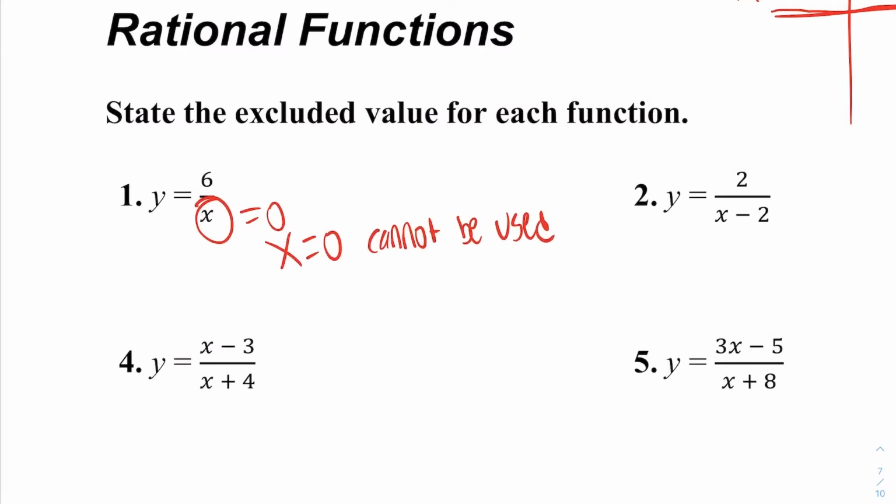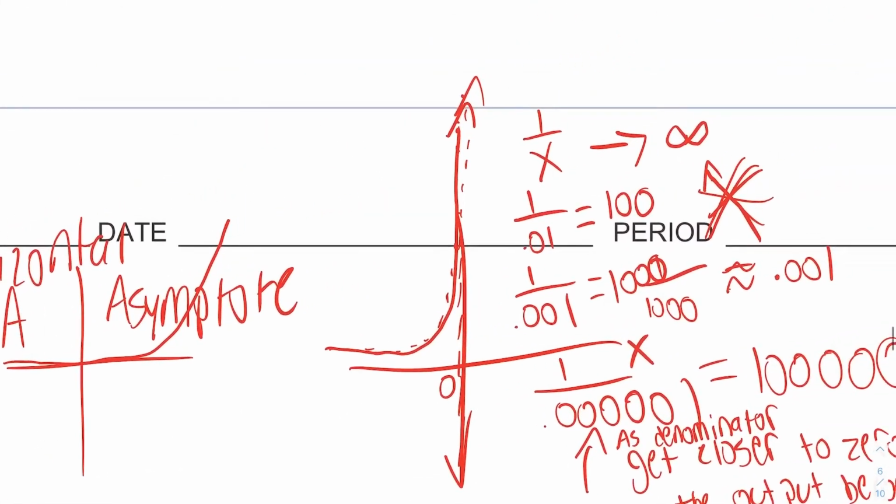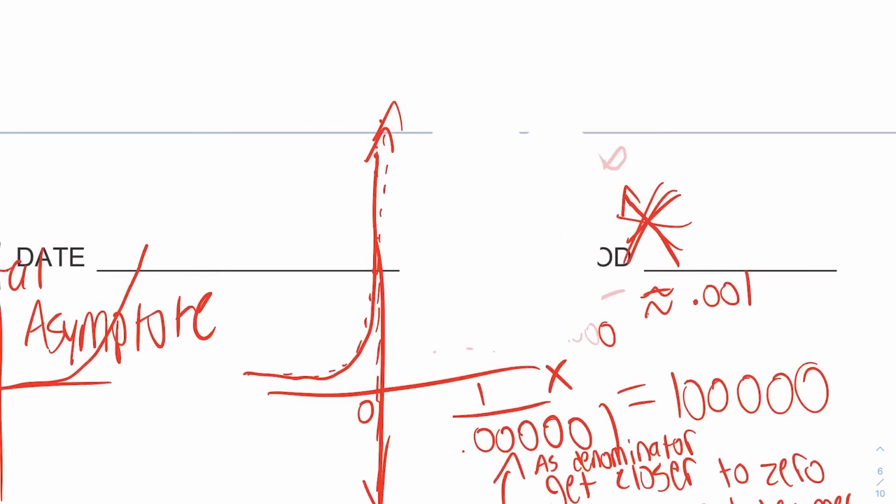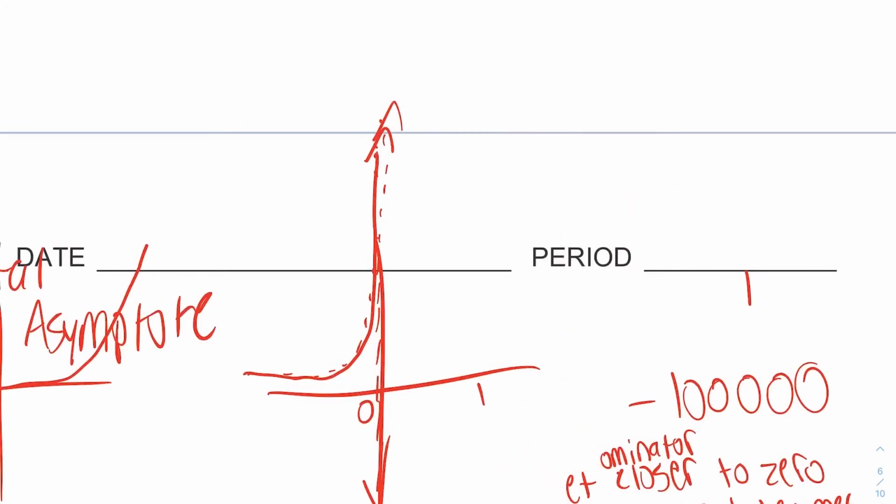The reason why x equals 0 can't be used is because if you look at this graph that I made earlier, as we get closer to 0, we're going to get close and close and close to plugging in 0, but we can't actually plug in 0 because it's going to give infinity, and you can't plug in infinity because that's not a definite answer.